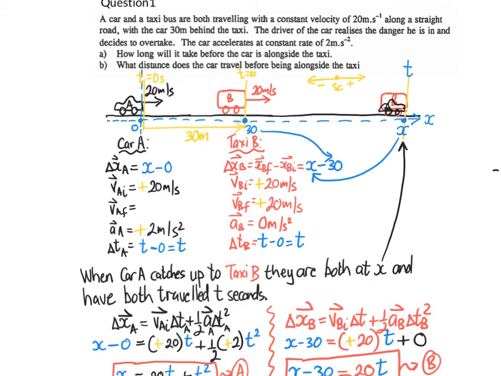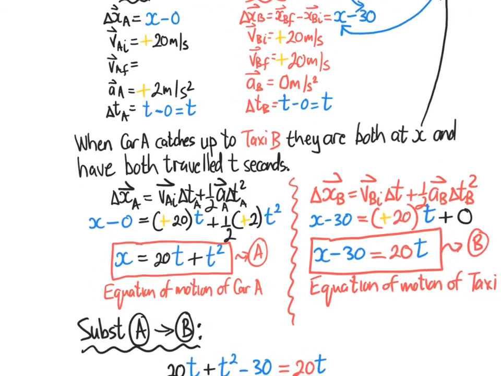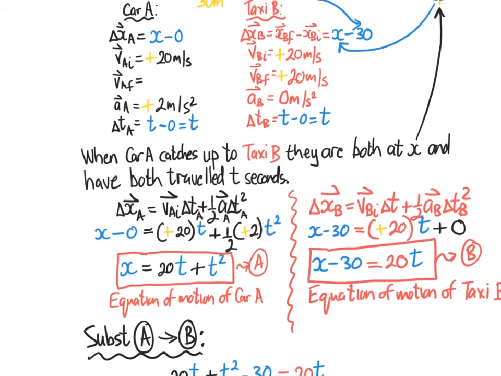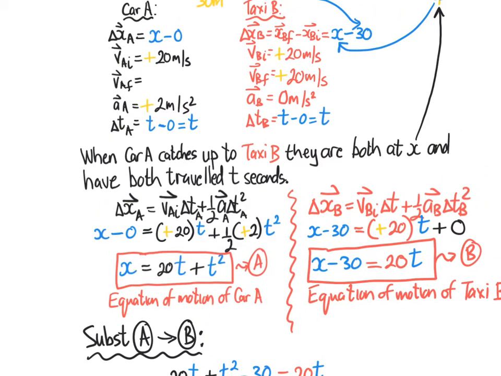Now, if we use that and substitute the values for the initial velocity, delta t is t minus 0, which is t, plus a half a, which is plus 2, t squared, because remember delta t is now t minus 0, which is t.